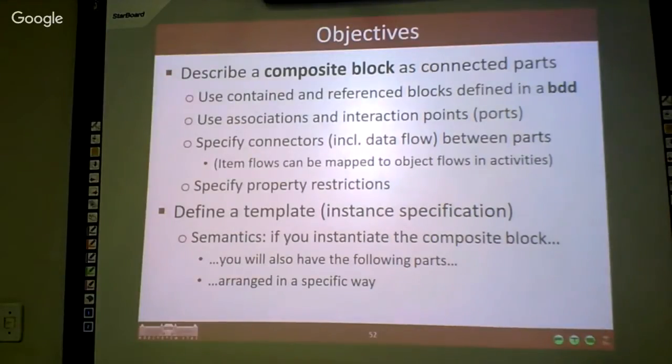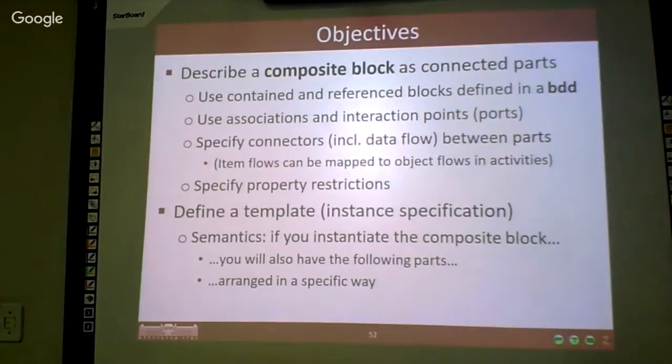And as I formerly mentioned, in the internal block diagram, we define mainly a template. It is called an instance specification. And the semantics can be illustrated. So if you instantiate the composite block, then you will also have the following parts arranged in a specific way.